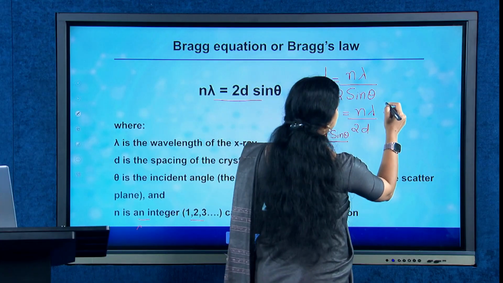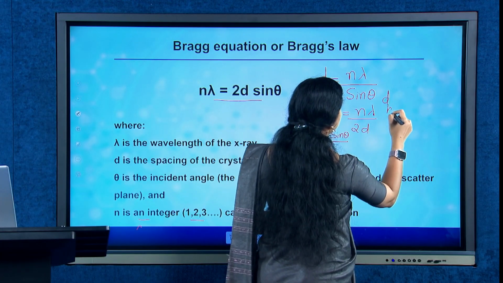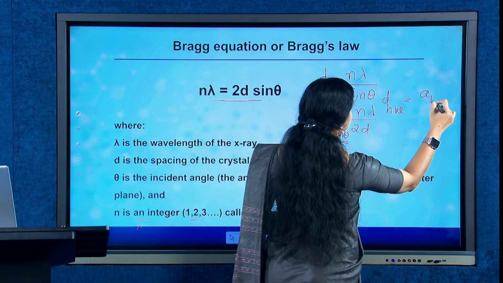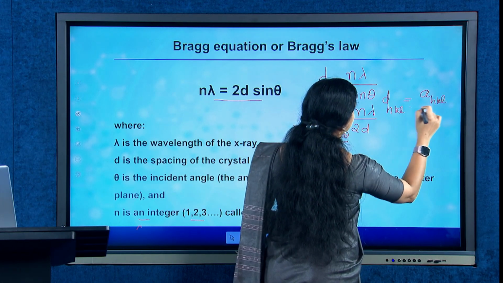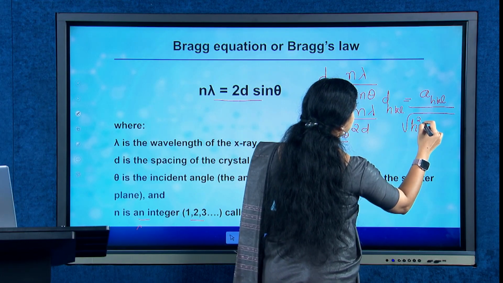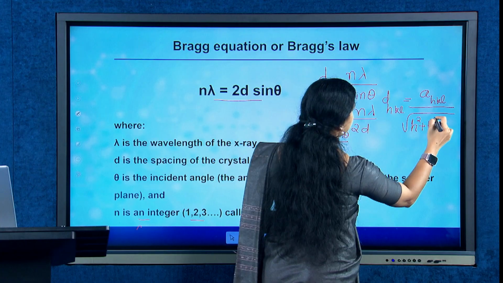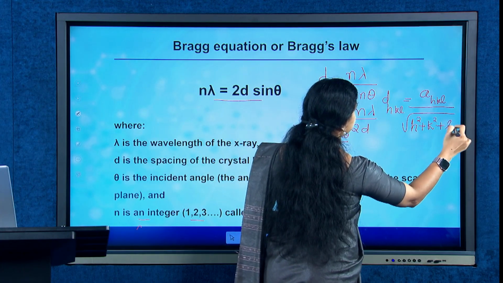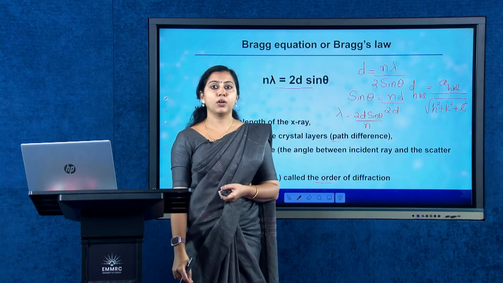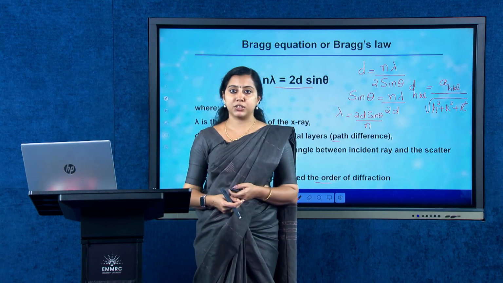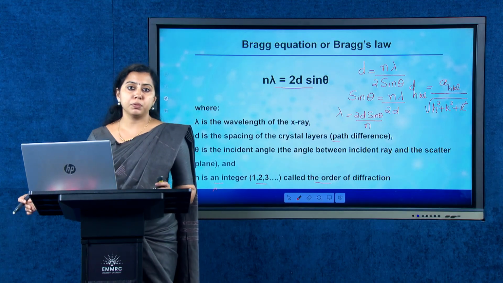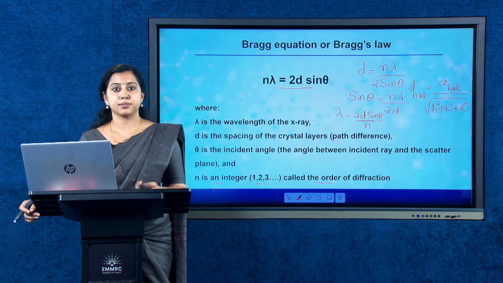Using the equation, we know that d_hkl is equal to a_hkl divided by root of h square plus k square plus l square, where h, k and l denote the indices of the plane and a is the edge length. So, today let us solve a few more problems based on these equations.